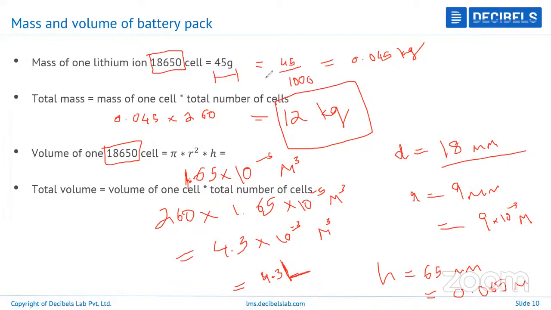Somebody has mentioned here it is 10 raised to power minus 5. No, see, 1 meter cube is equal to 1000 liters. So if you substitute this 1000 liters here, that's going to be 10 raised to 3 into 10 raised to minus 3 into 4.3. So that will give you 4.3 liters.